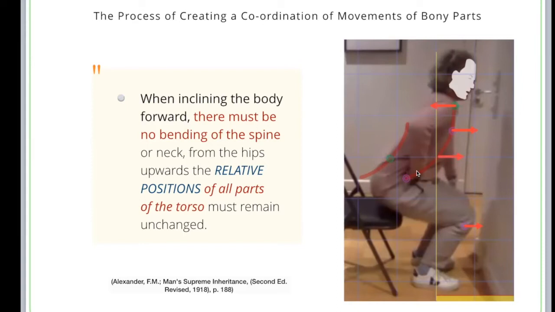And in order to make that visible, controllable, and understandable, it's very often necessary to compare relatively to a fixed external guideline. In that case, we can say that at the moment of reaching forward, when the middle torso was on the line, it was clear that the upper torso was behind it.